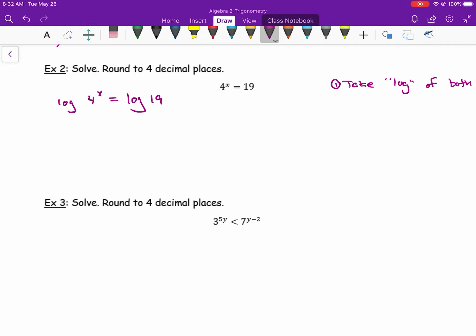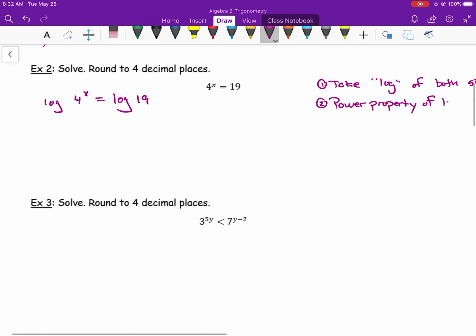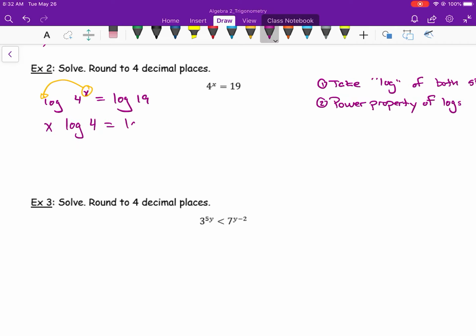Now we use our power property, so the exponent drops in front. We get x log 4 is equal to log 19.